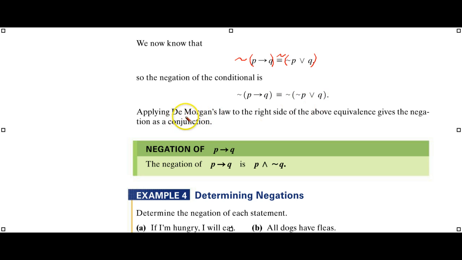And if we apply De Morgan's law to the right side, the equivalence gives the negation as a conjunction, where we're switching from an or here to an and.